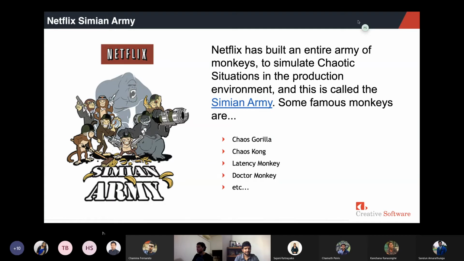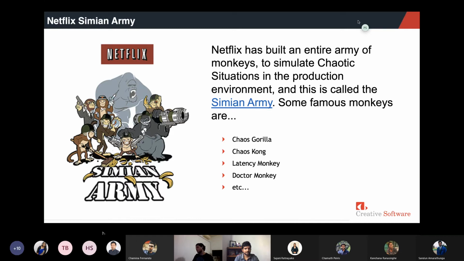Chaos Kong is to simulate region failure, and Latency Monkey is used to introduce latency to your system and see how your system behaves. Doctor Monkey is used to check your system's CPU, memory, and those things, and see the health of, let's say, a particular pod. And if it seems unhealthy, depending on the constraints, Doctor Monkey will kill those pods.